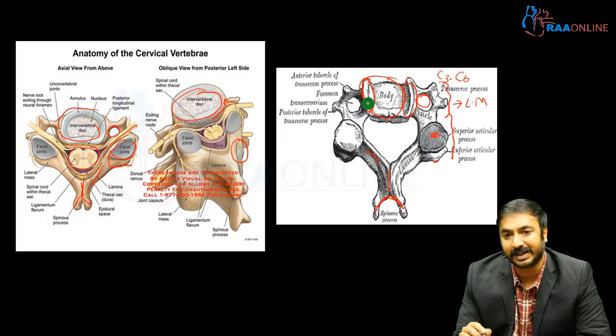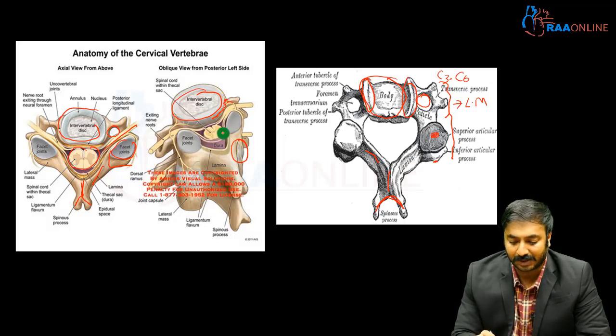But once disc dehydration occurs, there is friction at the uncovertebral joint, creating a hard osteophyte which then compresses the cord or the root, causing myelopathy or radiculopathy.